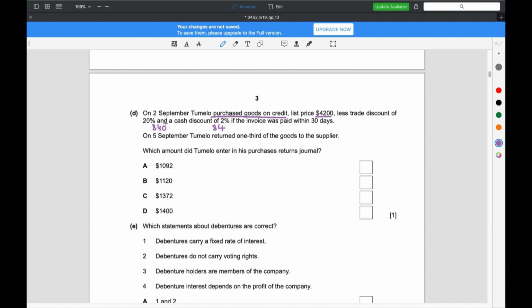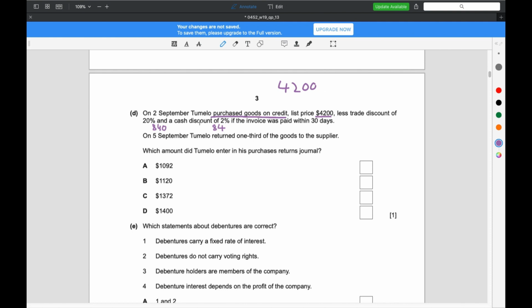So, and he says a cash discount of 2% if the invoice was paid within 30 days. Now he didn't pay, so that means that we are not going to include the cash discount of 2%. Now let's just calculate the value. The actual price was supposed to be $4,200. He got a trade discount of 20%.